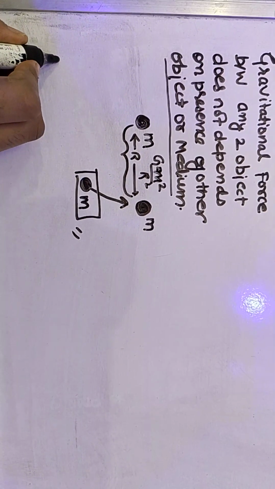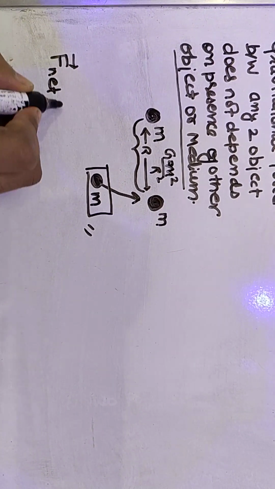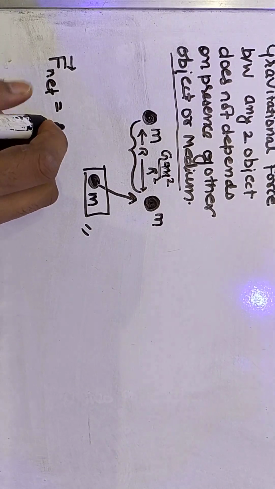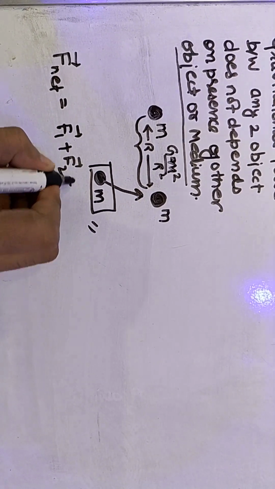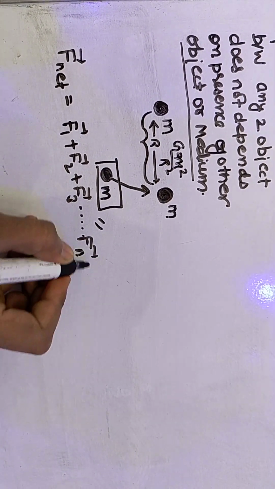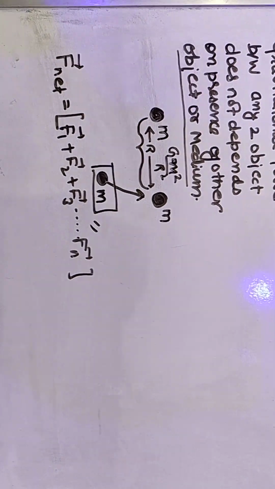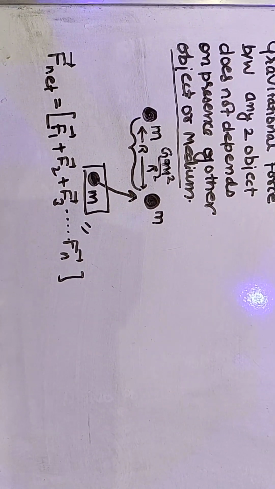So finally, if we want to find the net force, we add f1 up to fn as a vector sum, and we calculate the force.